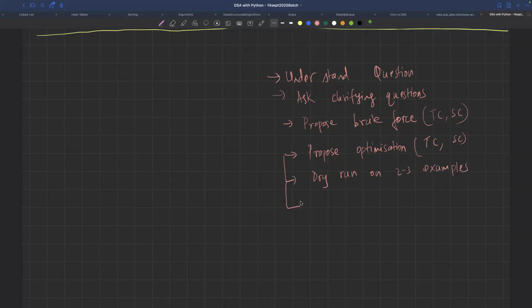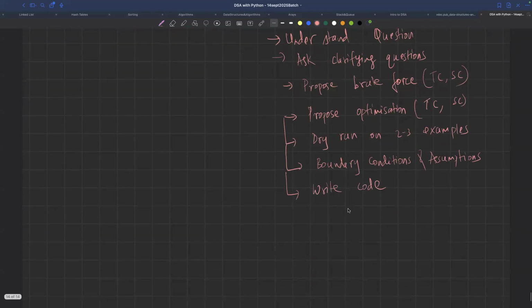Once you have done the dry run, then you have to discuss boundary conditions and assumptions. And then you have to write the code. And once you have written the code, then again you have to do the dry run. So these are all the steps that you have to follow.